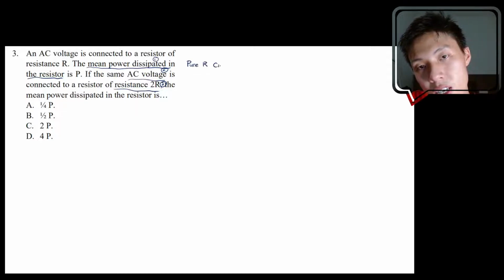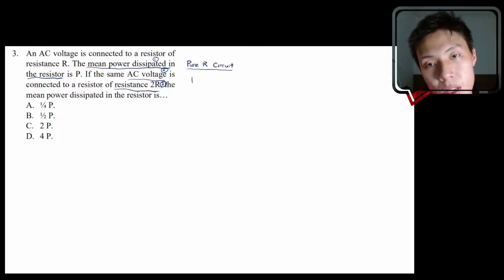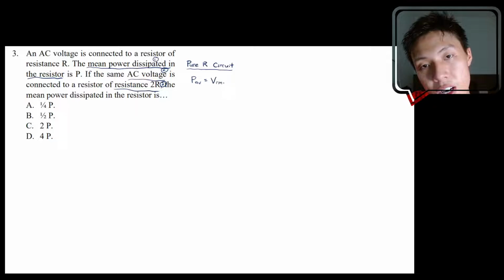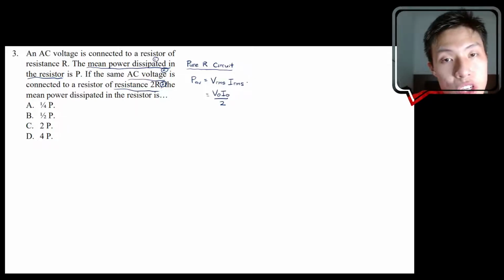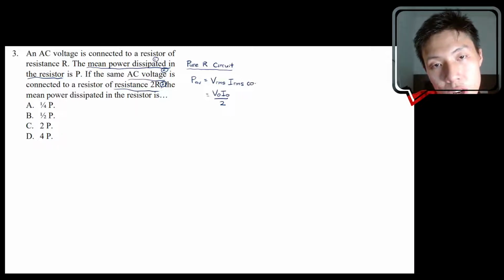For a pure R circuit, you know that the mean power dissipated, or the average power dissipated at the resistor, will be P average equals VRMS IRMS, or you can call it V0 I0 over 2. Both are the same actually. Initially the equation should be VRMS IRMS cos phi, where cos phi is the power factor.